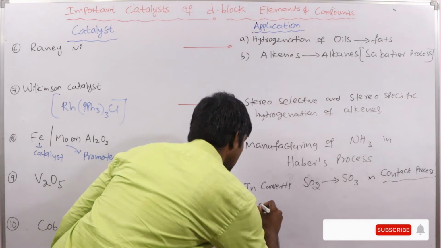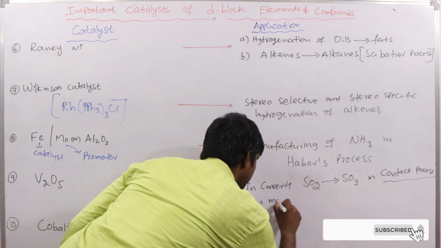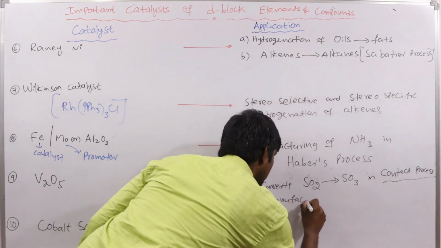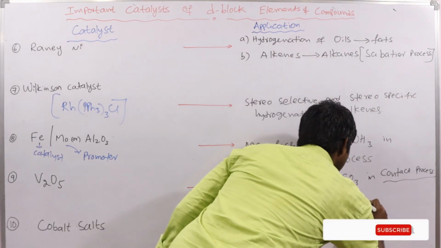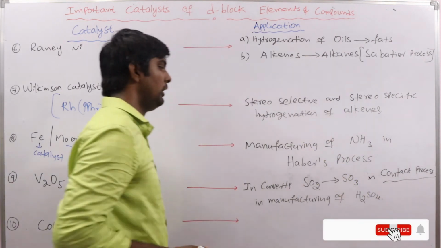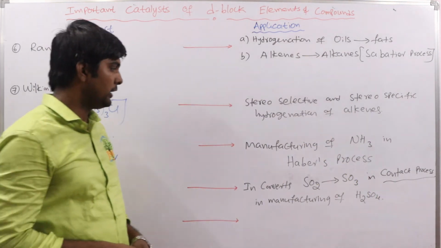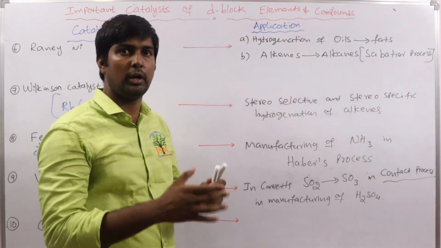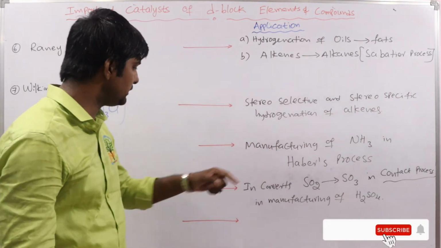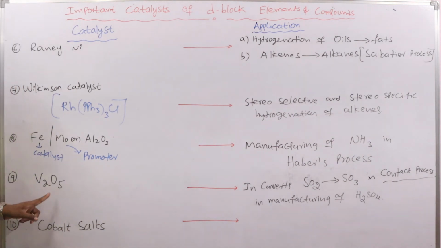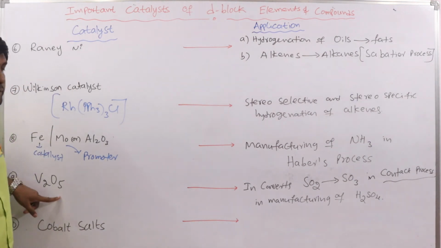This is used in the manufacturing of H2SO4. In the contact process we prepare H2SO4. In one of the steps, SO2 is converted into SO3. In this step, V2O5 is used as catalyst.